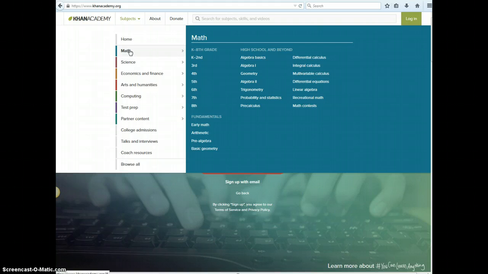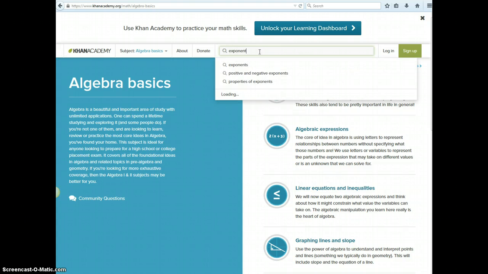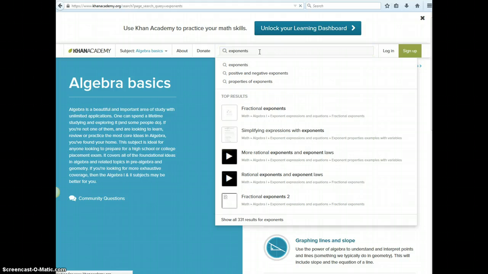We're interested in algebra, so let's go to Algebra Basics. Again, we're covering exponents, so what you want to do is go into the search column and type in exponents. See what we get here.